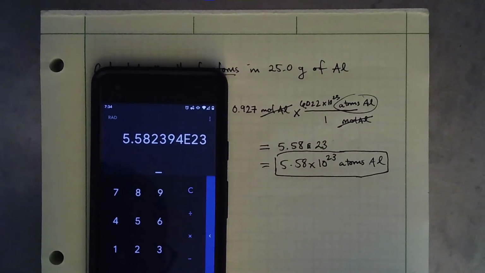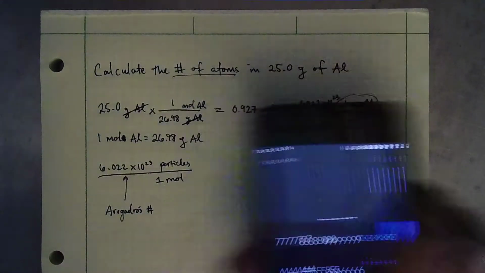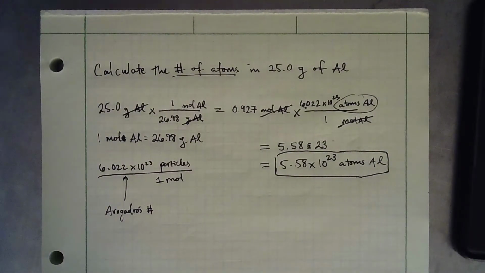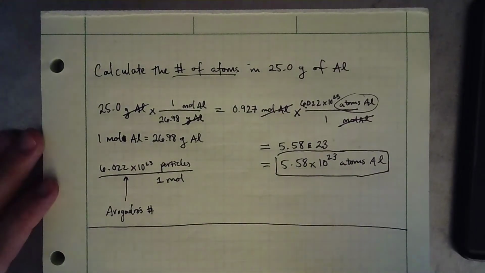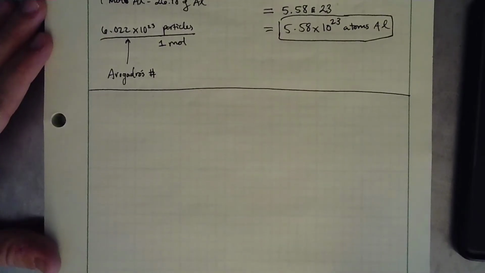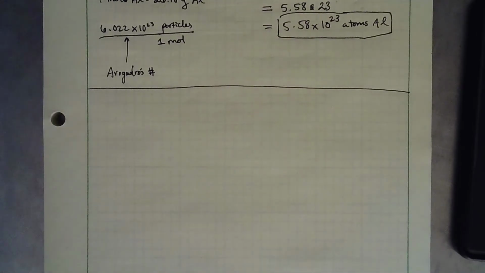All right, let's look at one more example of this. I'll just draw a line here, and we'll scoot the page up. Let me go back and show you the slide.